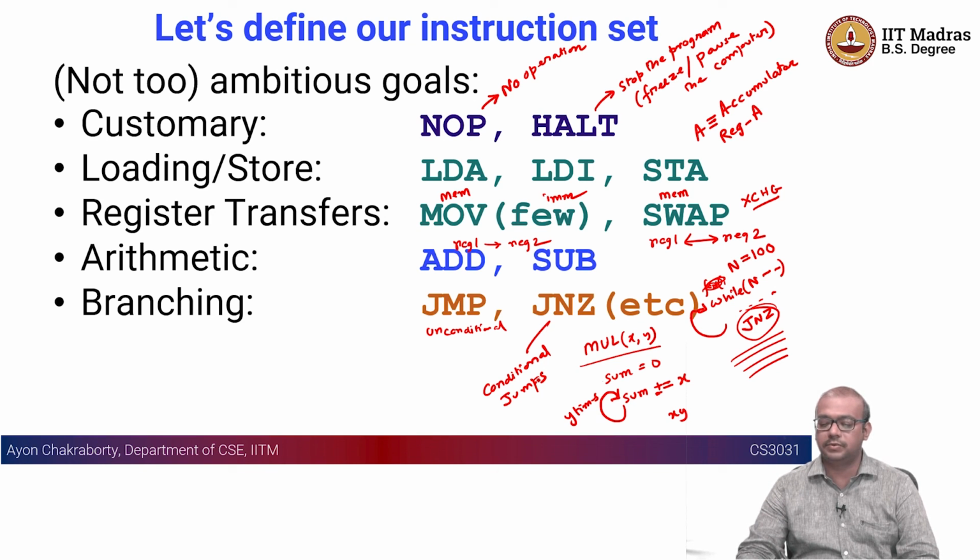So you have to say, okay, LDA, what is your opcode, what is the opcode for LDI, what's the opcode for ST, and so on. Once you fix that, only then can you design the rest of the circuit, because we want to make something very concrete.